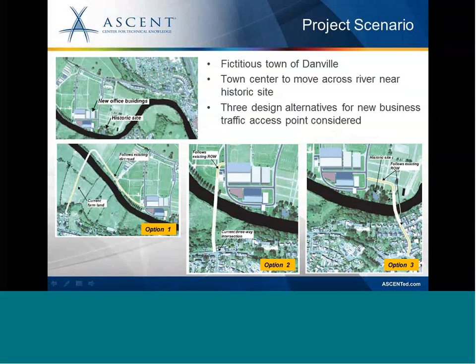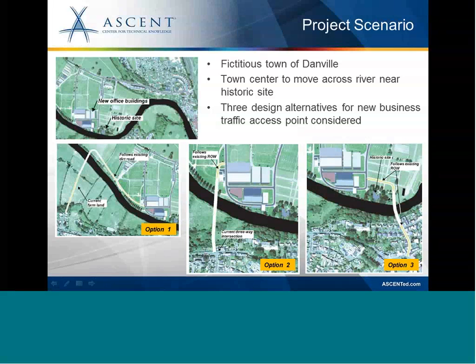Now, because we have used a project workflow as the basis of the book, I wanted to give you a little bit of a background of the project scenario. Basically, what's happened is this fictitious town of Danville has come to us and said, hey, we have been growing like crazy, and because of that growth, we've had to move our old town center to a new location, and we've had businesses come in, but as the businesses have come in, and this new town center has grown, we're realizing we need better infrastructure to support it.